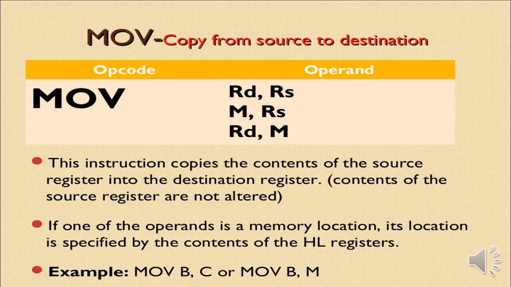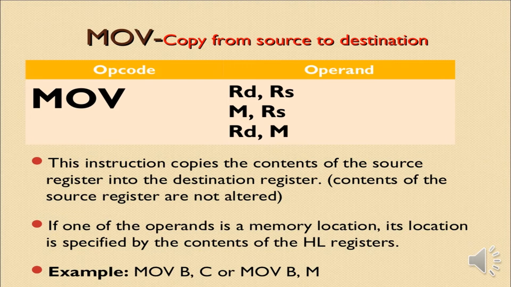The opcode of the move instruction is MOV. The operand may be register to register, memory to register, or register to memory. The register is an 8-bit register, from source register to destination register.